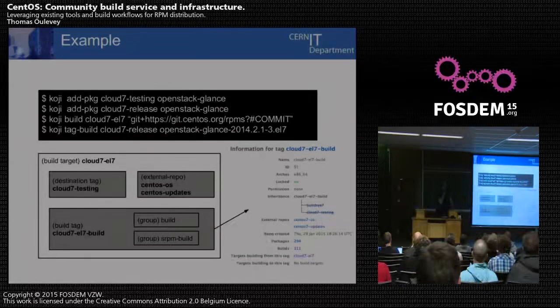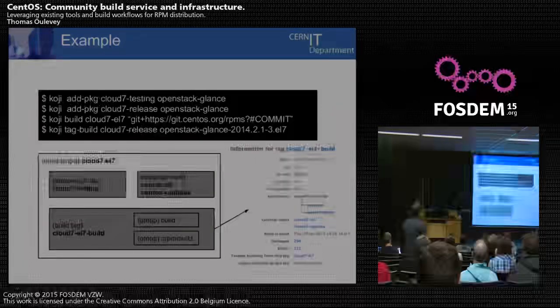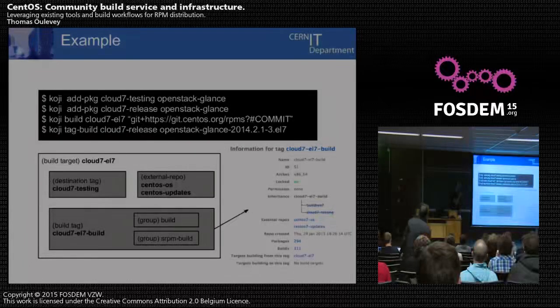When you subscribe to a SIG and your membership has been approved, you will get a certificate and you will be able to use the command line. You can basically do operations to add a package.